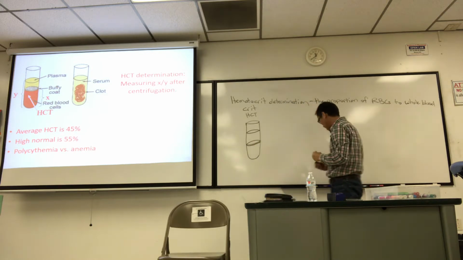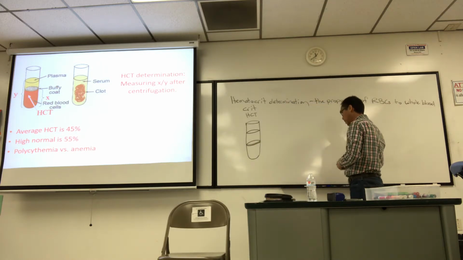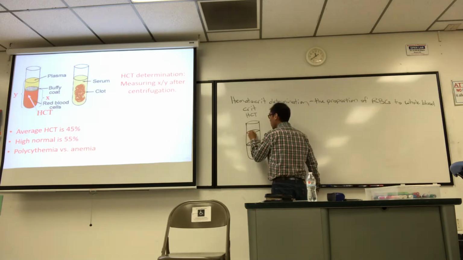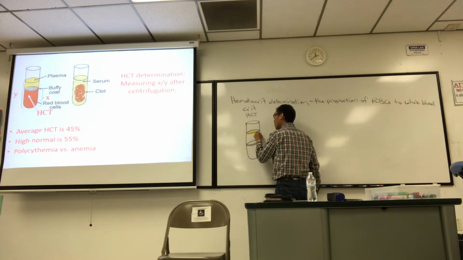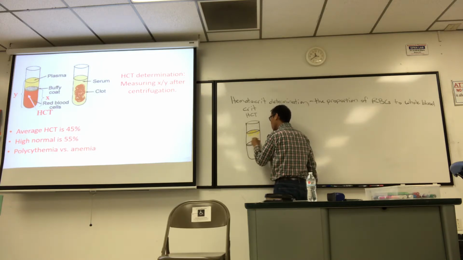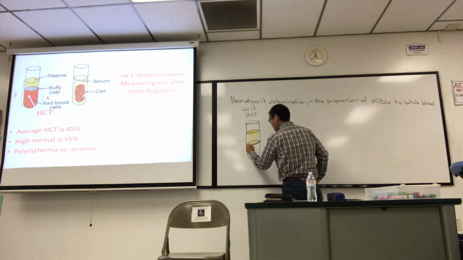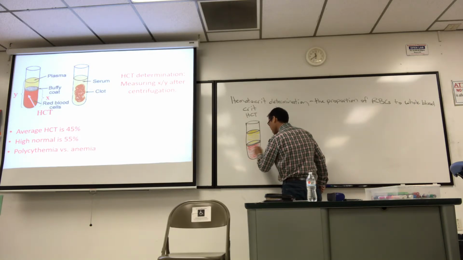So the top portion is our plasma, right? The liquid portion. The yellow portion, I won't color it too thoroughly, but you get the idea. And you've got your buffy coat, and you've got the red stuff, the RBCs, all down there.